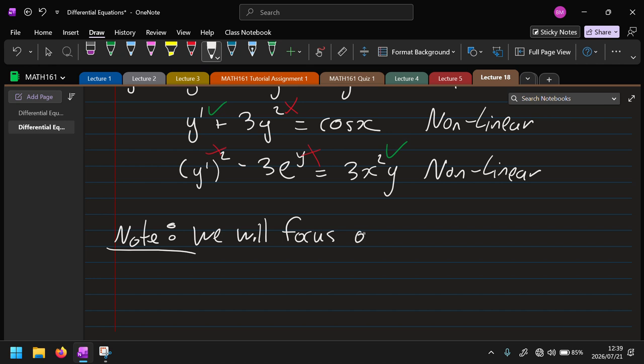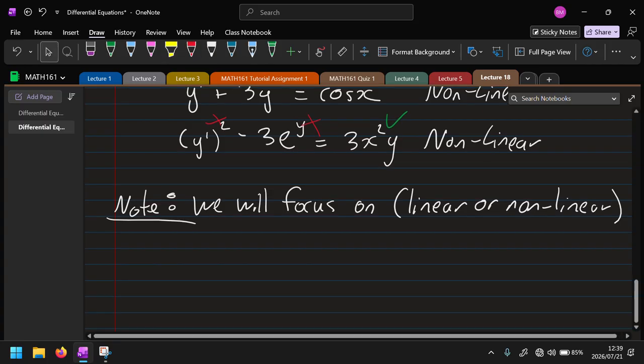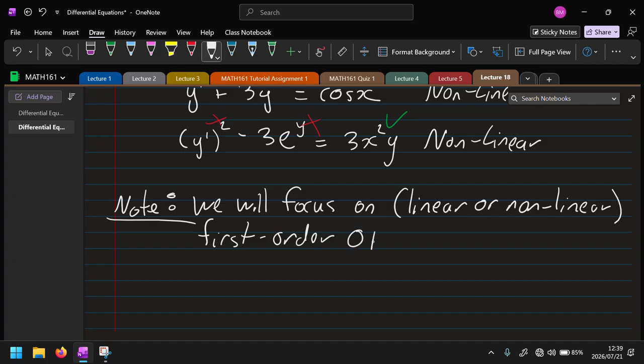It's not going to be super easy, so we can include both of those. So we'll focus on linear or non-linear first order ODEs.